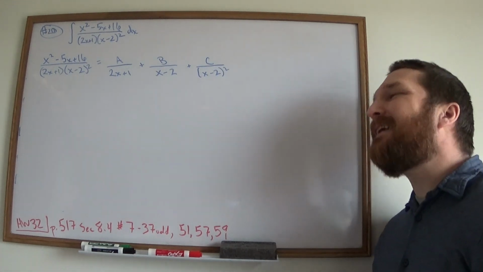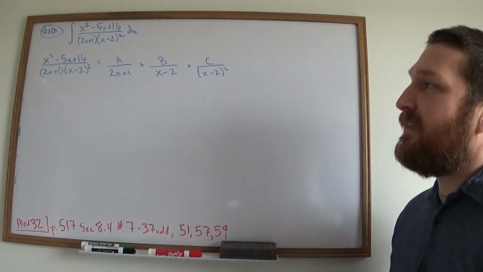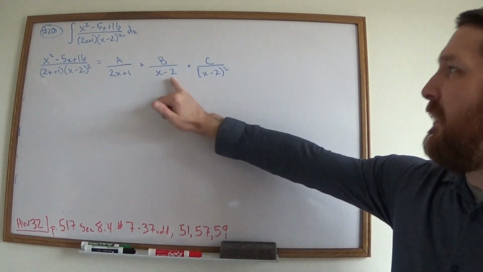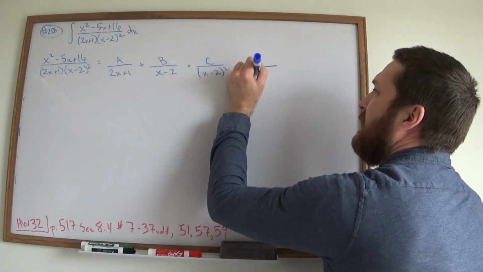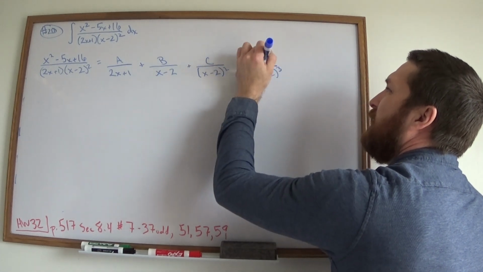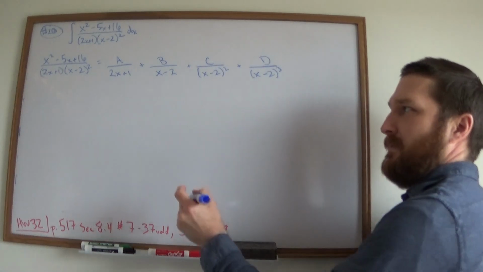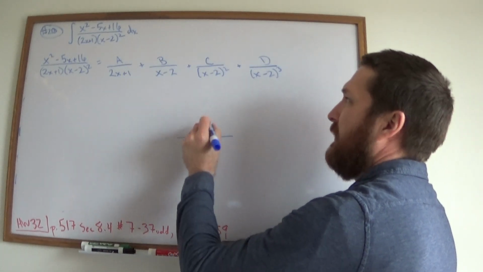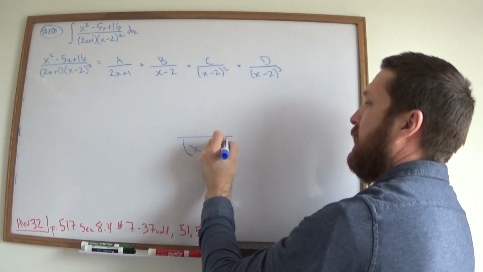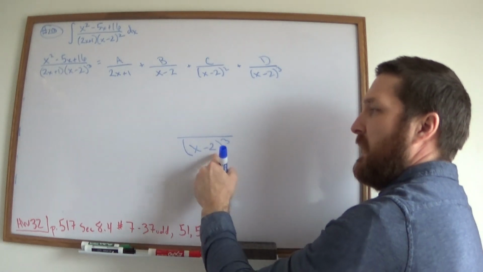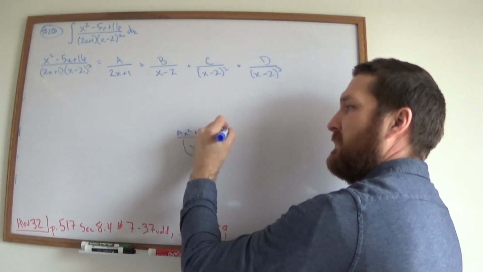Like I said, I'm not going to get into the theory of why this is the case, but this is the thing to remember: if you have repeated factors, you just climb up. So if that were to the third power, we'd say x minus 2 to the third, and we put another constant there. If it were to the third, which it's not, but we're going to pretend for a second that it is, then the numerator has to have one degree less, so it has to be ax squared plus bx plus c.